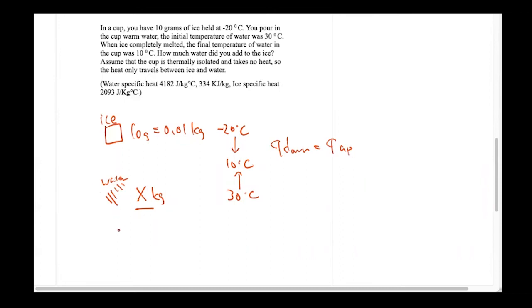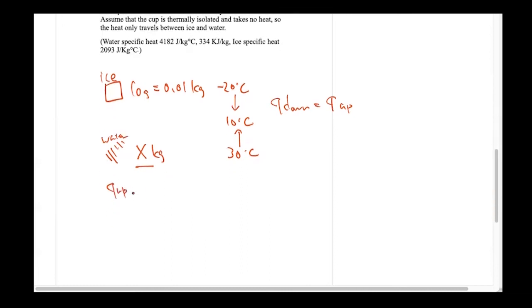And for Q up, which is ice, so if you imagine this process, the temperature time diagram is again going to be like this, 0.